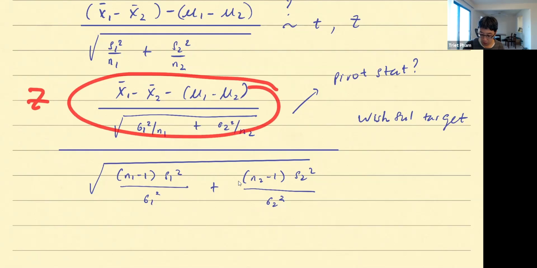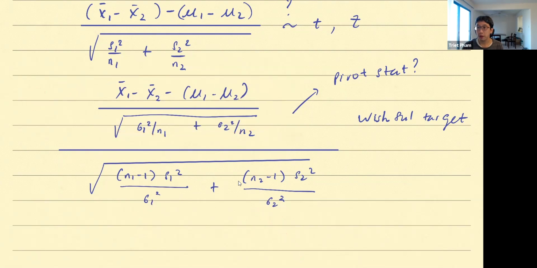This is standard normal. This is chi-square n1. This is chi-square n2. The whole trouble here is that I use these guys to normalize, and they stick. They do not cancel.